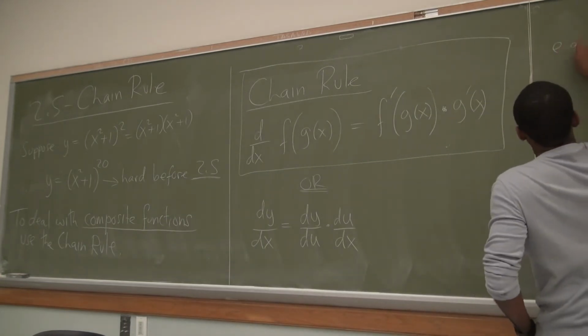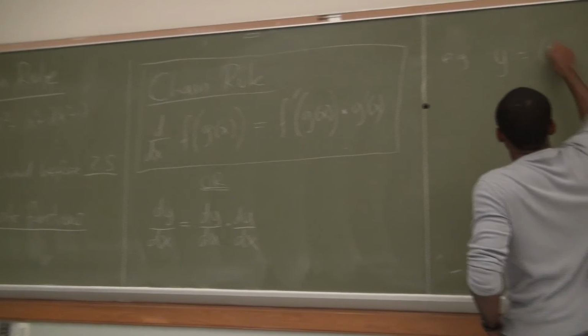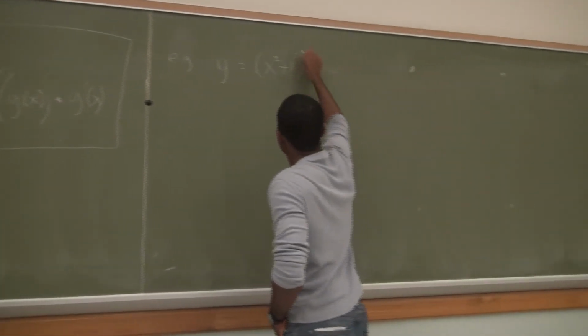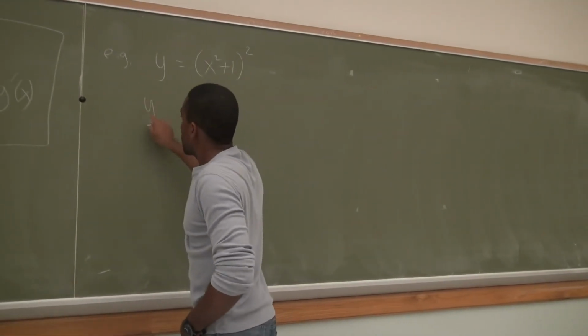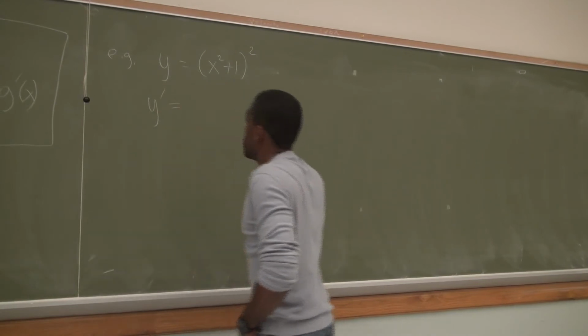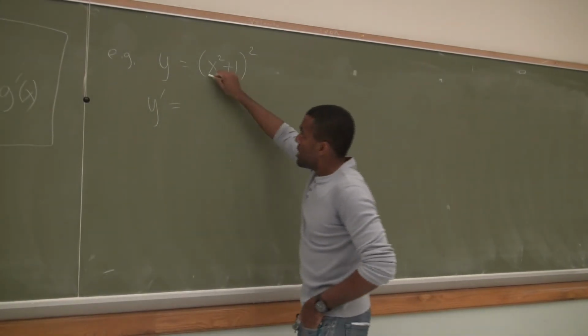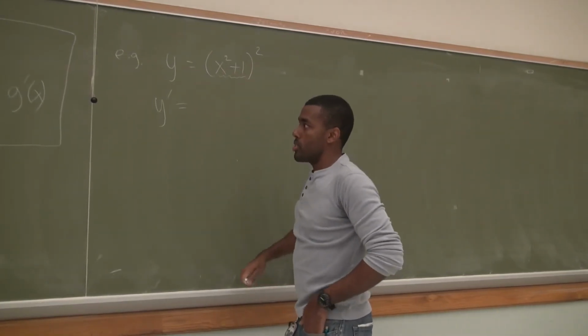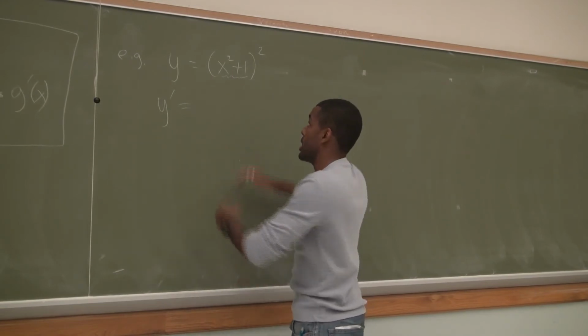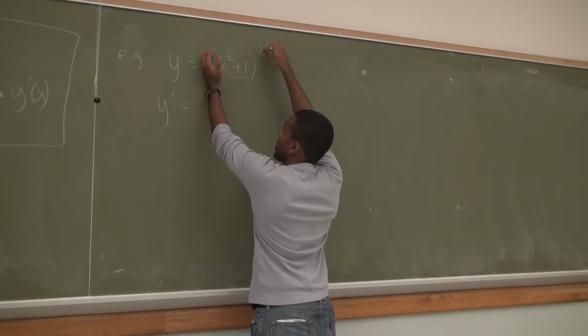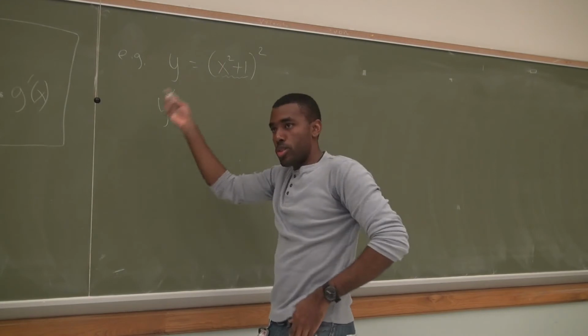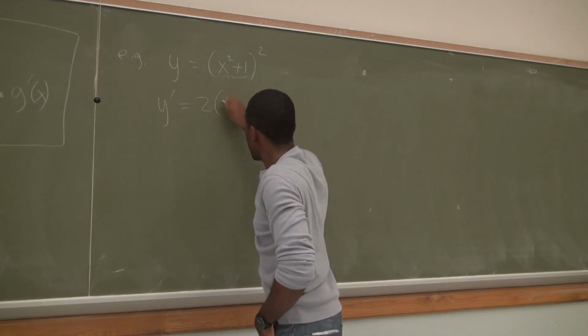So in the example, y is equal to (x squared plus 1) squared. What you do is you pretend this is a single variable. You differentiate the outside function, which is the square. We know how to differentiate squares by the power rule, so we do that.